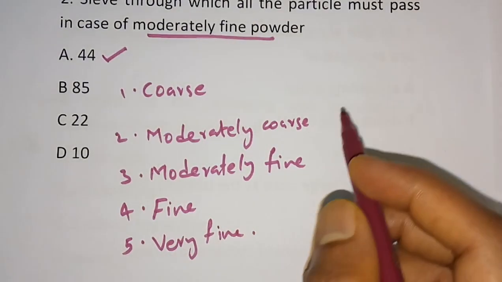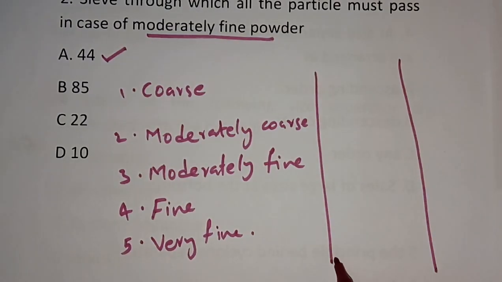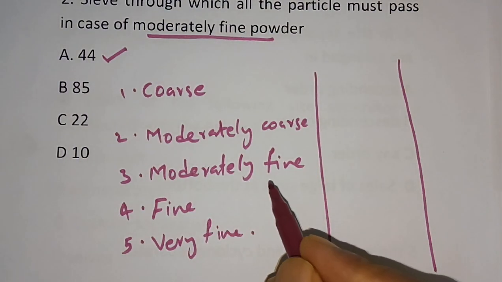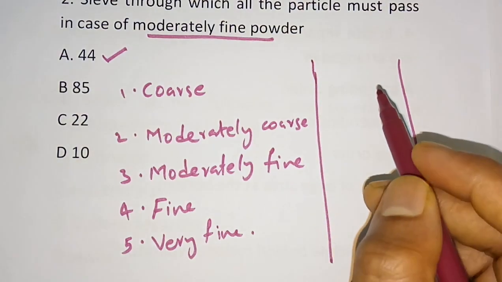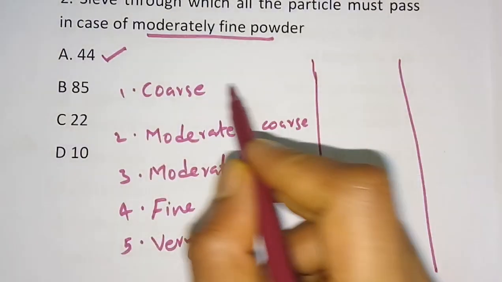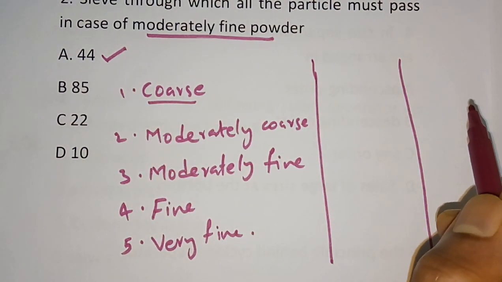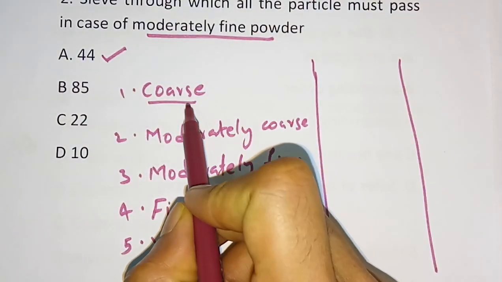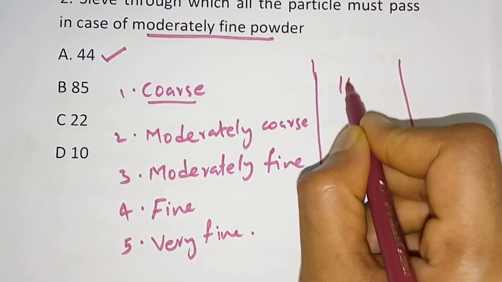So how are they classified? Based on their size, we decide the size when we pass these powders through the sieves. Then only we will get the different sizes. So in case of coarse powder, all the particles should pass through sieve number 10.